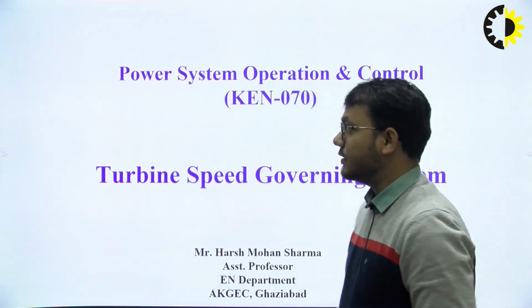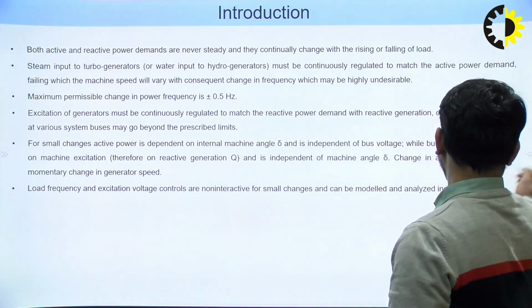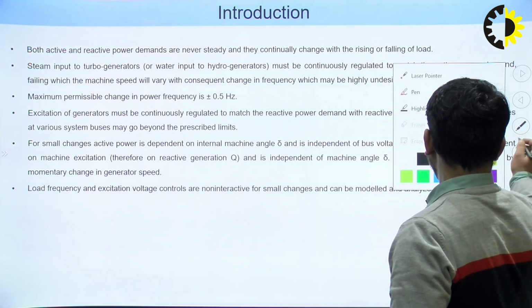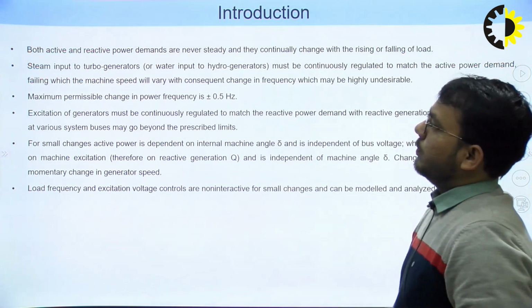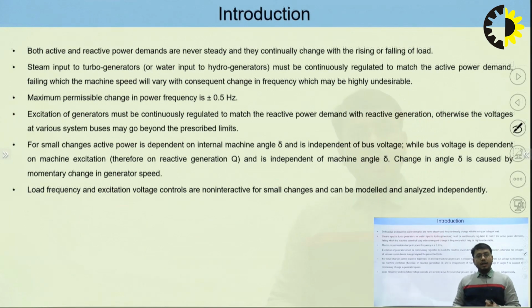So let's start. Firstly, we will have some introductory part. Under this introduction, we know that in the power system there is apparent power, and apparent power is comprised of two powers, that is active power and reactive power. The basic function of active power is to satisfy the load. 90% of the load in the present scenario is inductive plus resistive load.